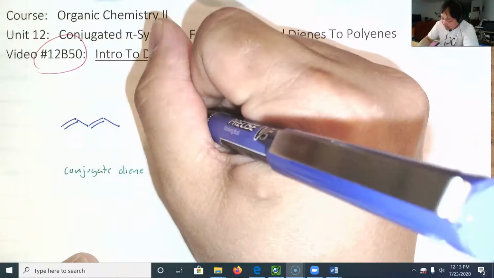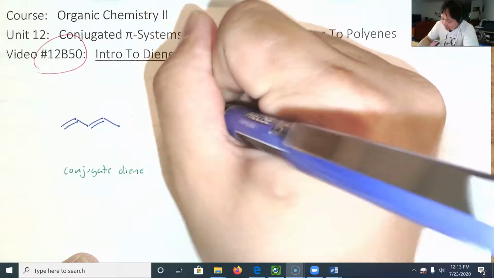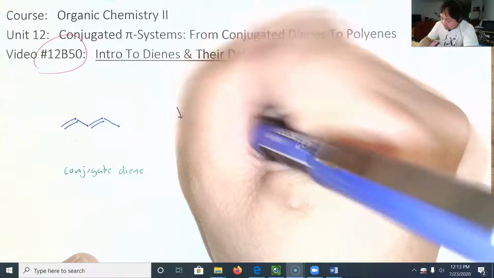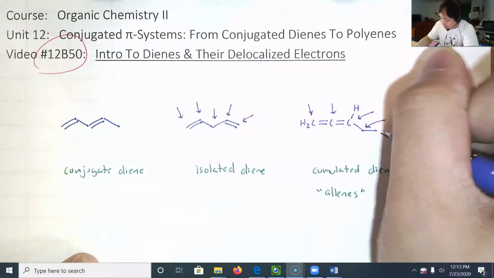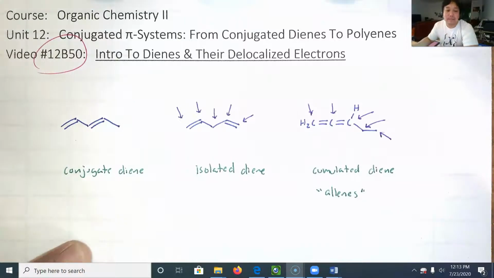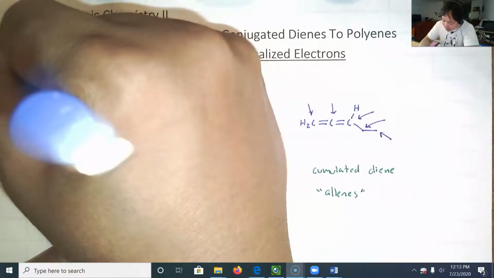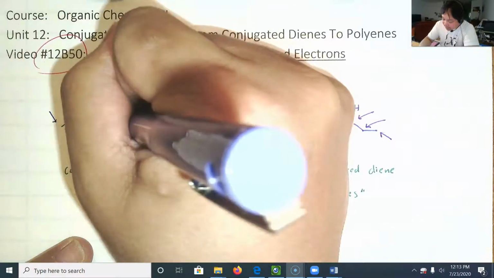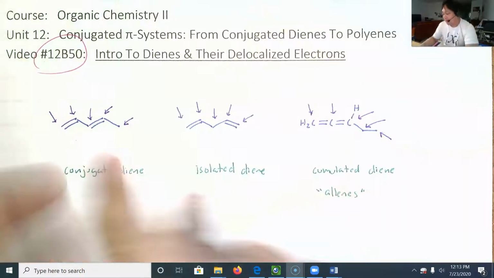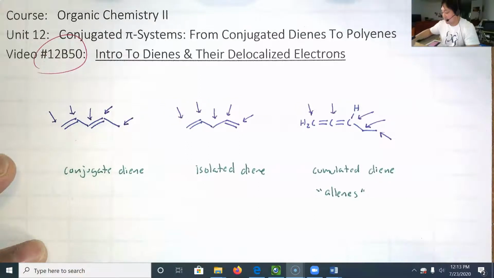Same thing for this. Hybridizations. We'll do all 5 for all 3. Go ahead and pause your video and write SP, SP2, or SP3 for each of these arrows. Come back when you've had some time to jot down your answers.